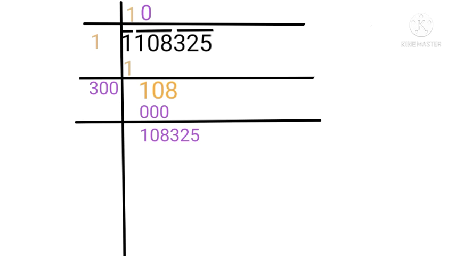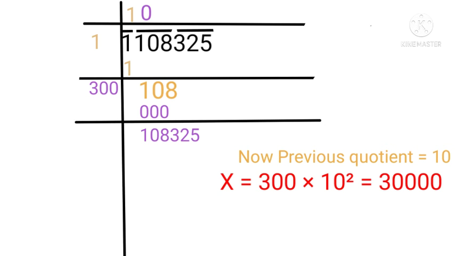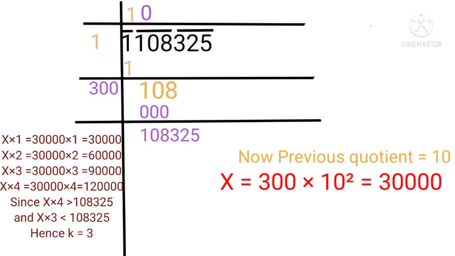Here our previous quotient is not 0 but the entire quotient, that is 10. Now x is equal to 300 multiplied by 10 squared, that is 30,000. For finding k, the same method is followed, multiplying x with the largest number for which the resultant is less than the dividend.